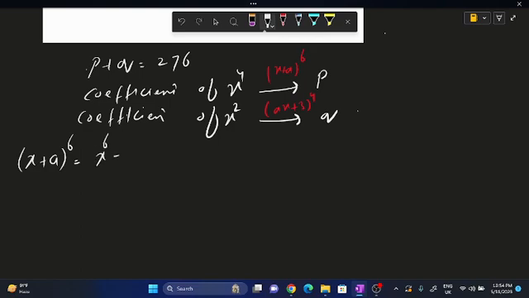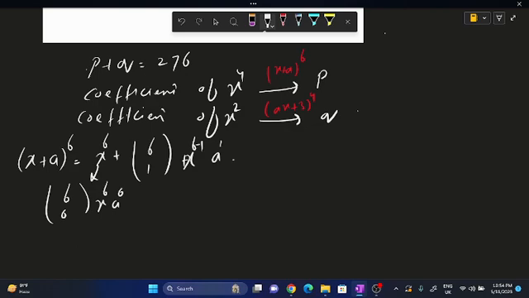That would be 6C0 x raised to the power 6 and a raised to the power 0, plus 6C1 x raised to the power 6 minus 1, a raised to the power 1, plus 6C2 x raised to the power 6 minus 2, and a squared.